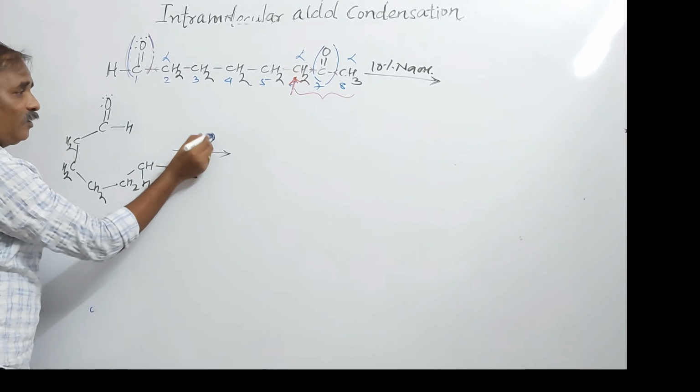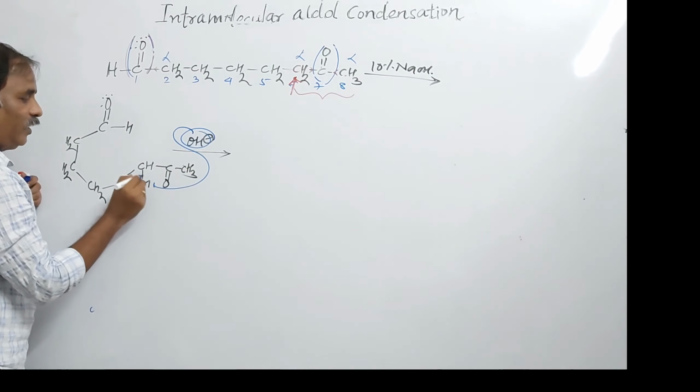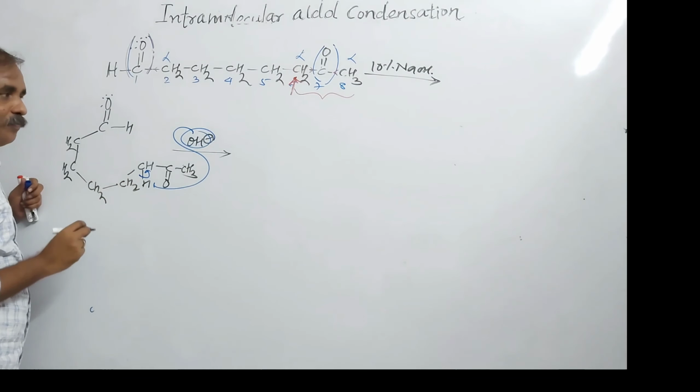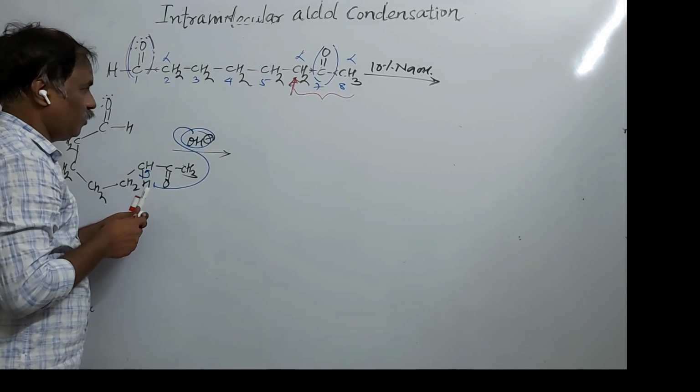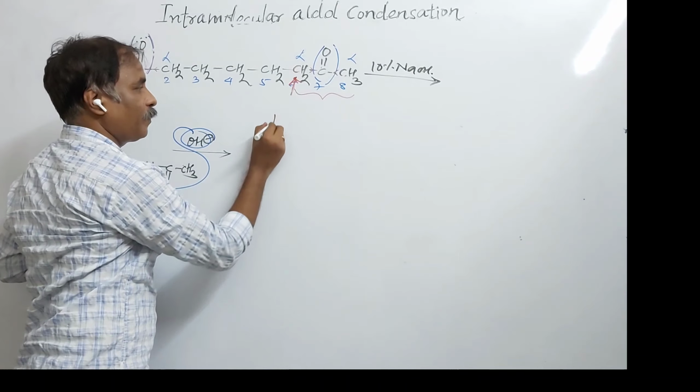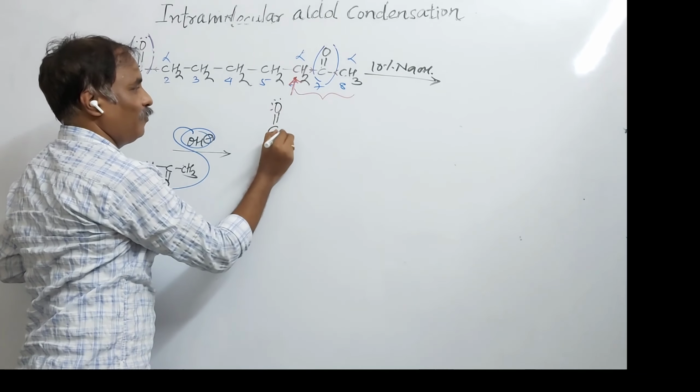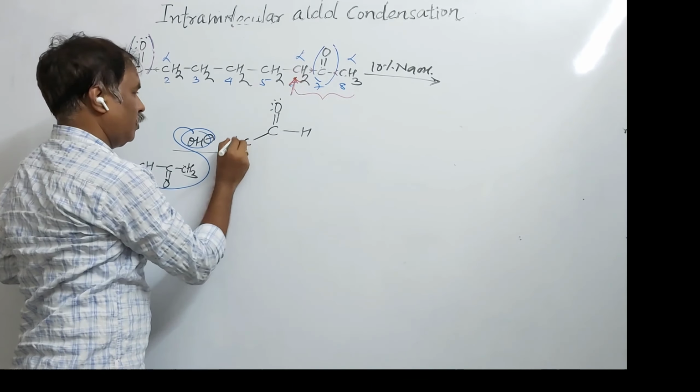This base will abstract what? Acidic hydrogen, and formation of carbanion. And there is a resonance stabilization of carbanion. If you want to show resonance stabilization, you can show it.